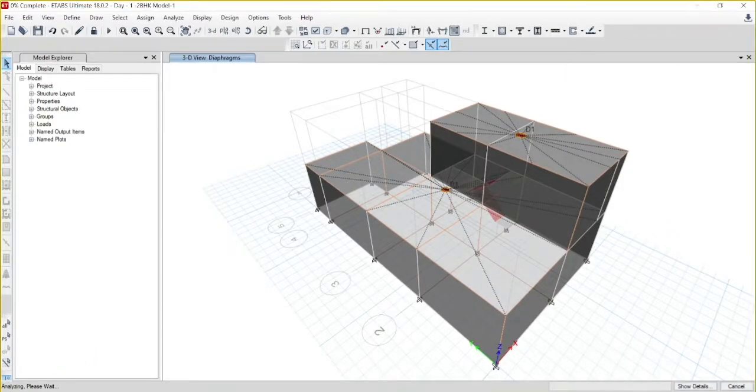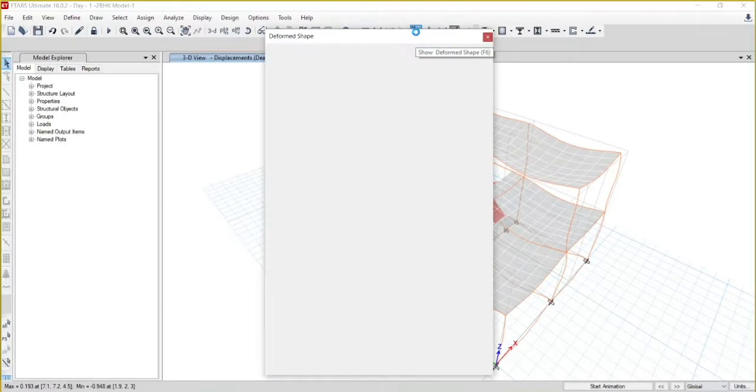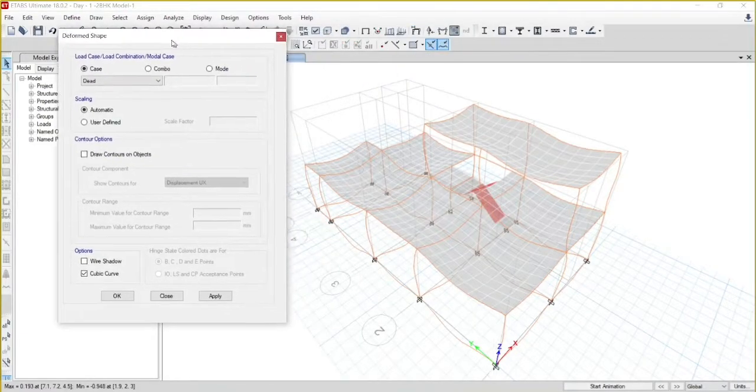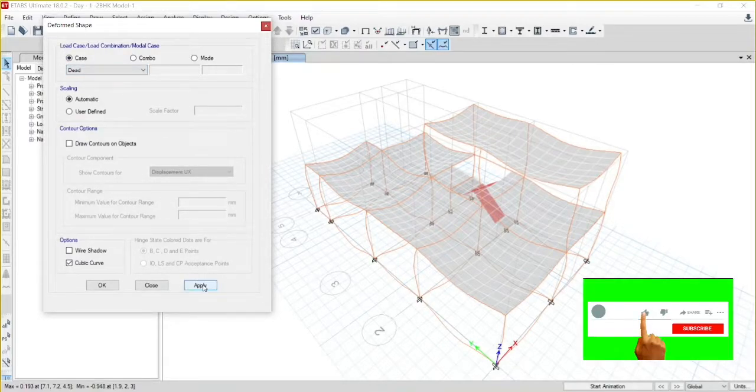Now the analysis is going on. This is the status bar. You can check here, our analysis is over. First let us understand the deflection. In the load case, if you only have dead load and you apply it, you can see that the structure deflects up and down.